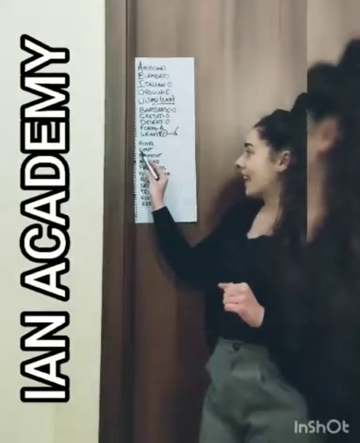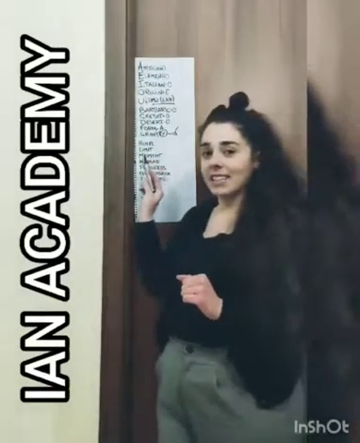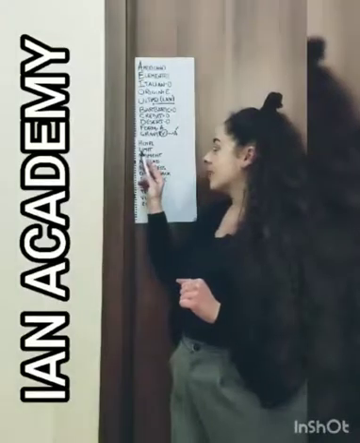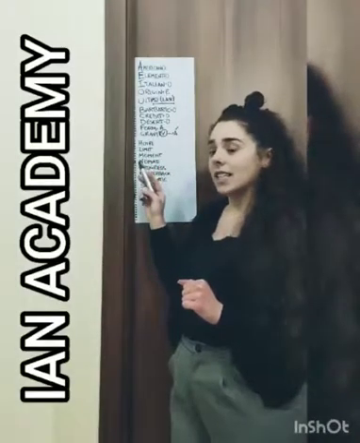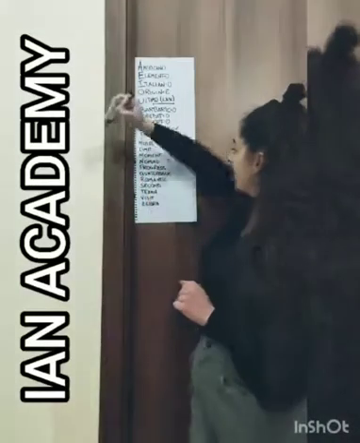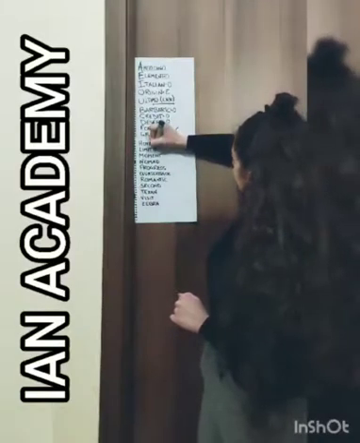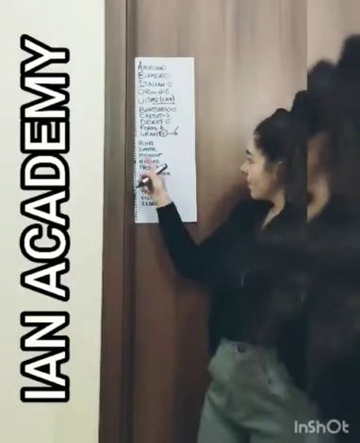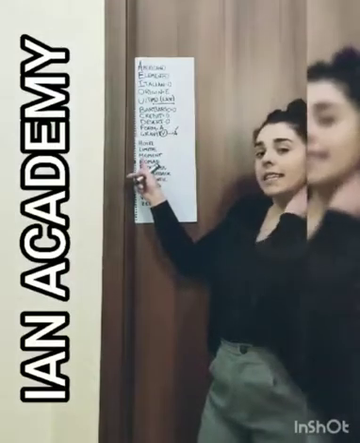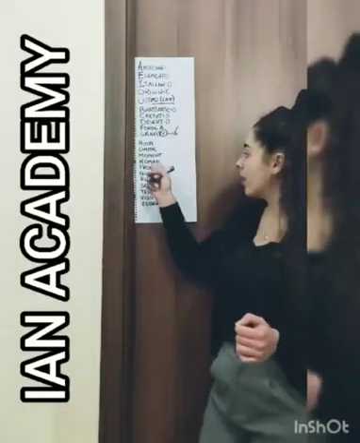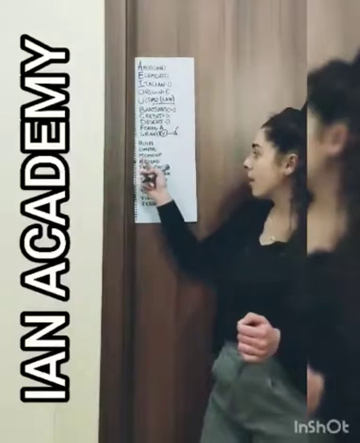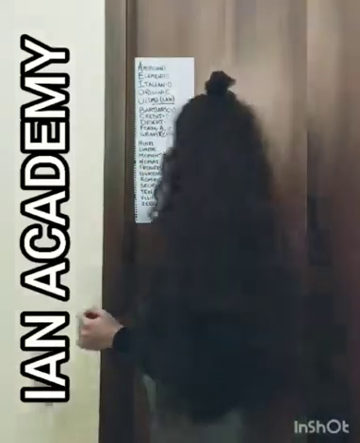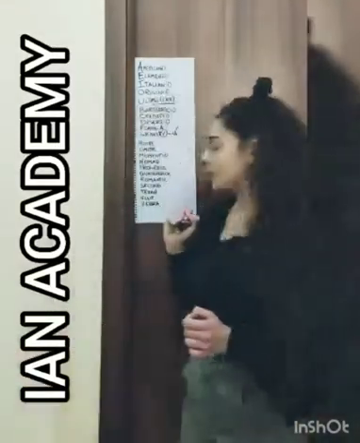Then we got the letter L. When we read the word, it's L. Limit becomes limite. Okay? M is M. When you read the word, it's M. So moment is in Italian momento.